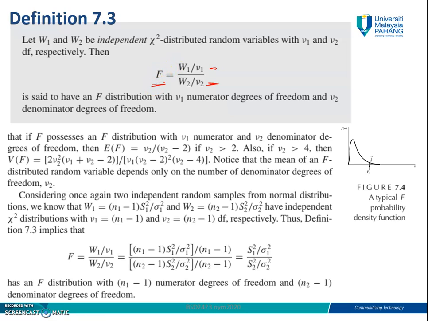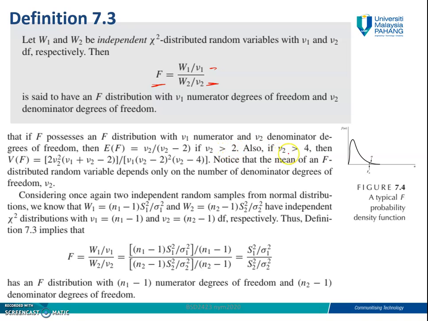If F possesses an F distribution with nu1 numerator and nu2 denominator degrees of freedom, then the expected value of F is nu2 divided by nu2 minus 2, if nu2 is greater than 2.